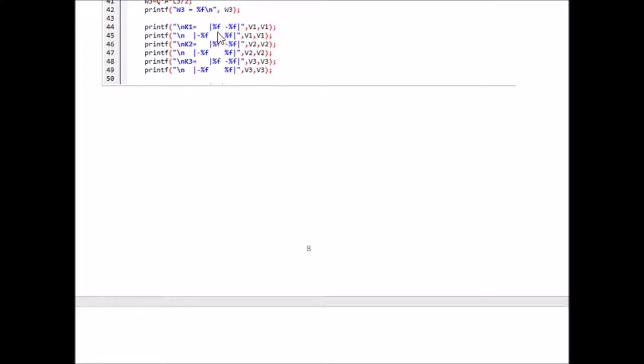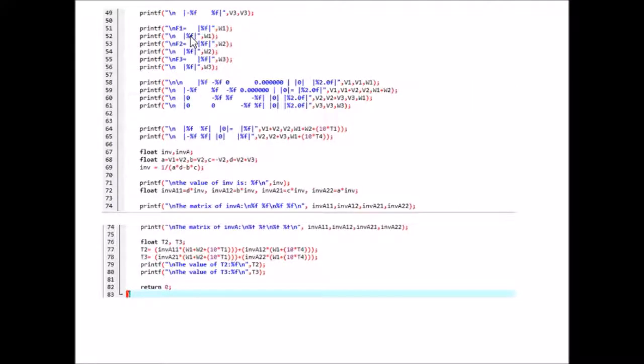The next step is to find the value of K1. K1 is the formula in the matrix, percent f times V1, negative percent f times V1, and so on, using K2 and adding K3. Next, F1 is percent f times W1, F2 is percent f times W2, and F3 is percent f times W3.